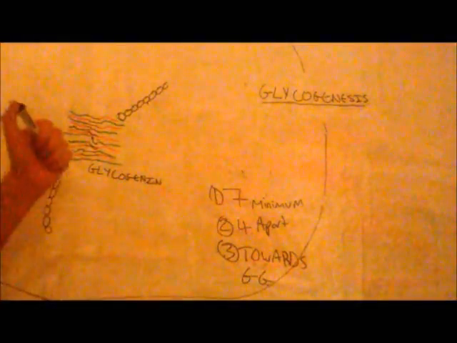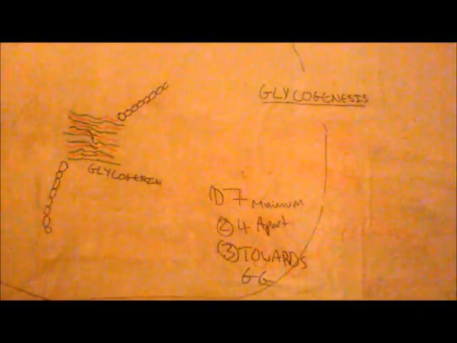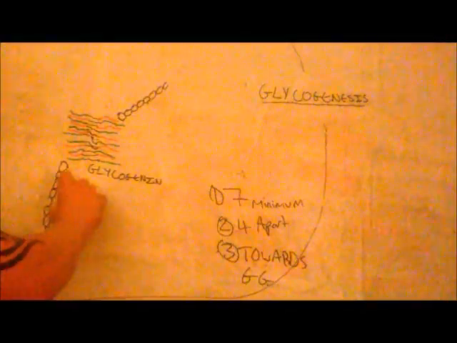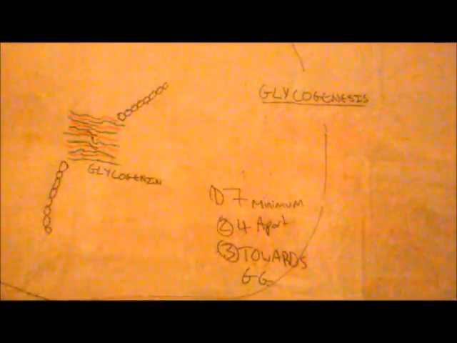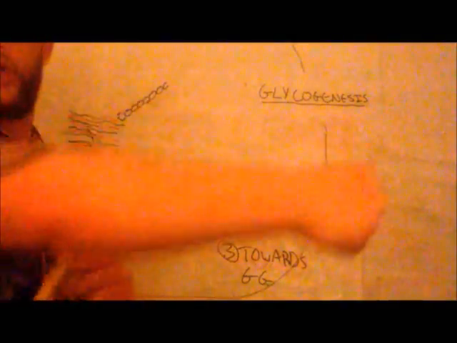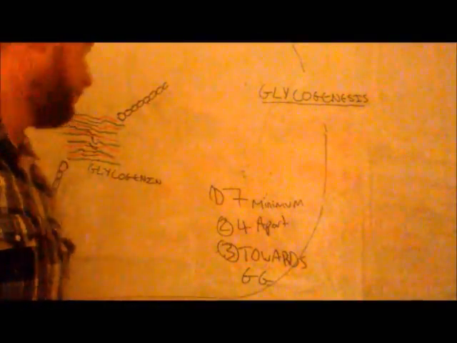Now, glycogen synthase can't act on anything less than 8, which is exactly why there's got to be a minimum of 7 before that branch, so the glycogen synthase can work along that branch to expand the glycogen.